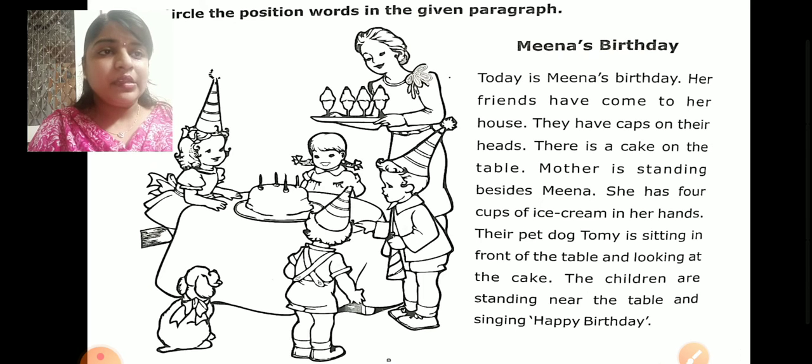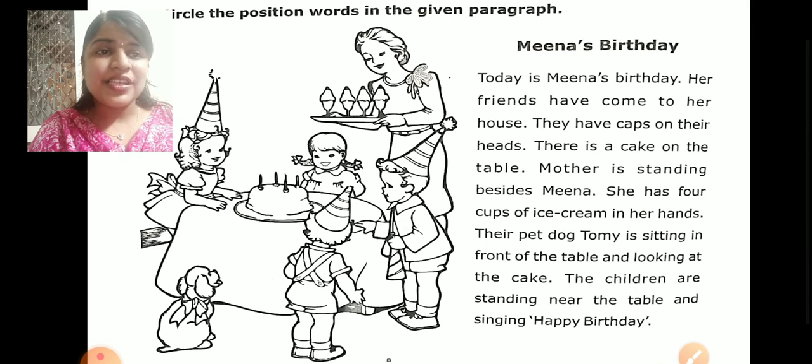Today is Meena's birthday. Her friends have come to her house. They have caps on their heads. There is a cake on the table. Mother is standing beside Meena.